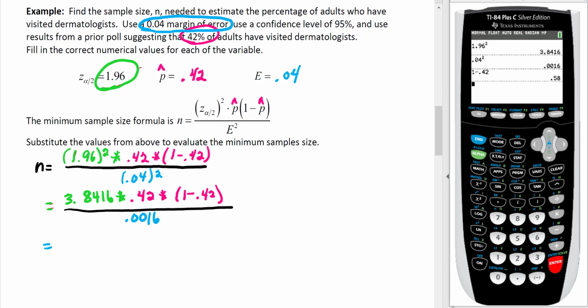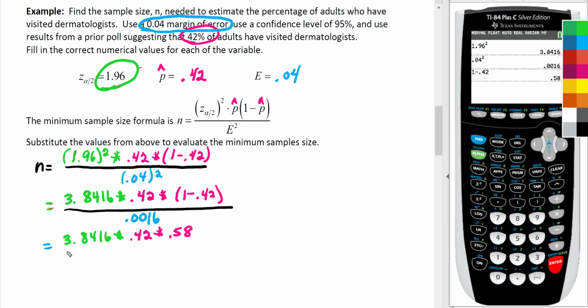So let's rewrite the whole expression again, starting with the 3.8416 times the 0.42 times, and then we did 1 minus 0.42, which is 0.58, divided by the 0.0016.